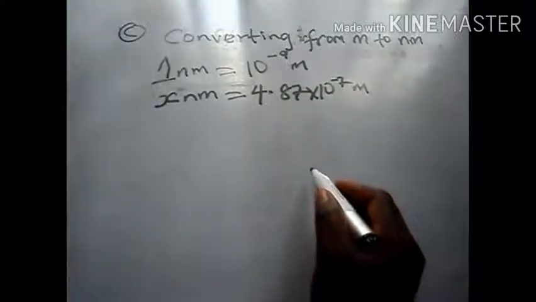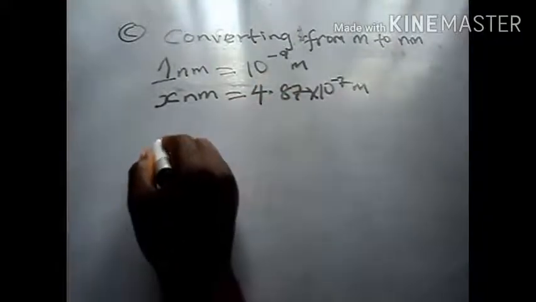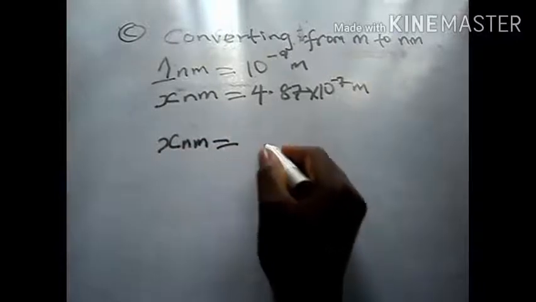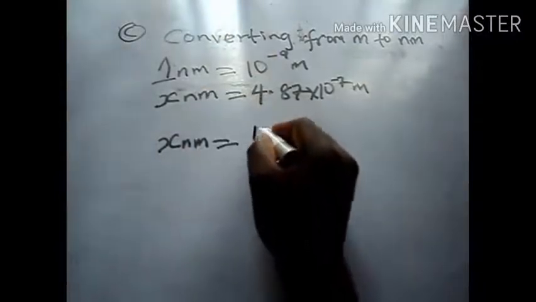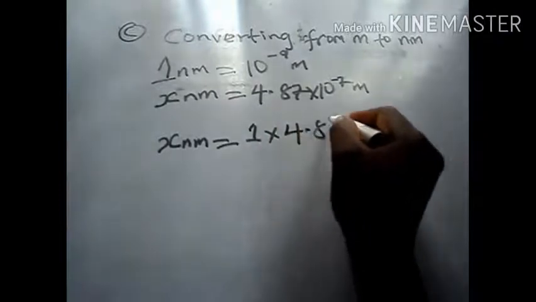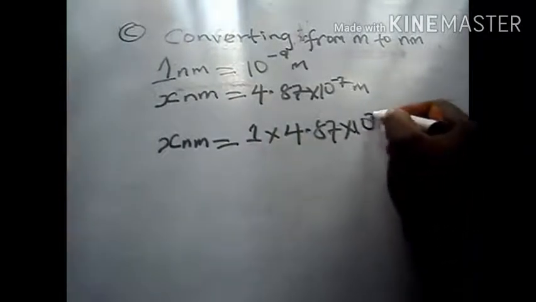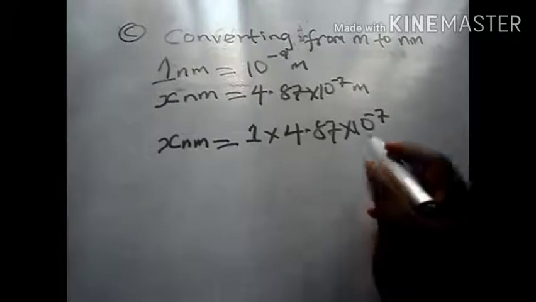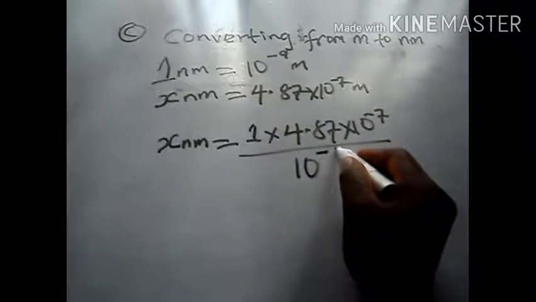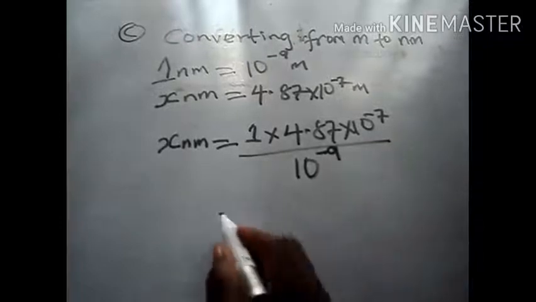So what we'll just have to do now is cross multiply and make x the subject of the formula. So we have 1 multiplied by 4.87 times 10 raised to power negative 7 divided by 10 raised to power negative 9.